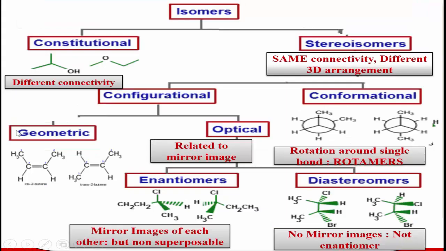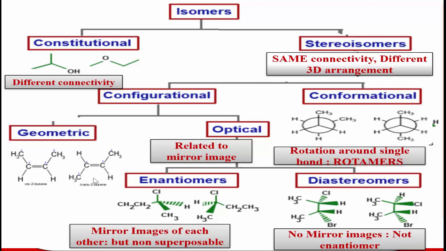Whereas geometrical isomers are formed in alkenes due to restricted rotation of substituents around the carbon-carbon double bond. Due to the carbon-carbon double bond, these substituents are not able to rotate, and depending upon whether similar groups are arranged on the same side of a double bond or on different sides, they are termed cis and trans isomers respectively.